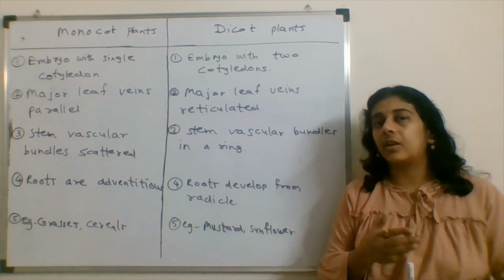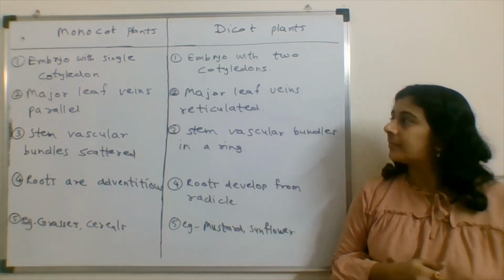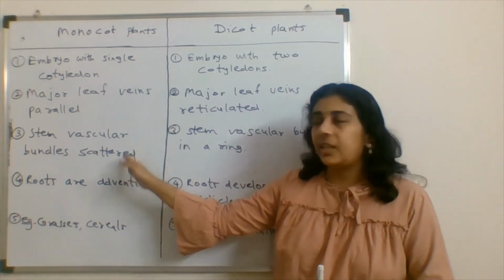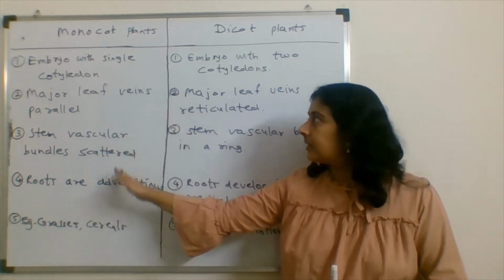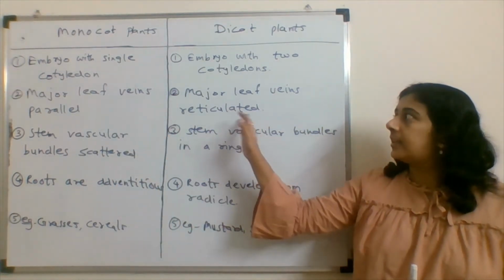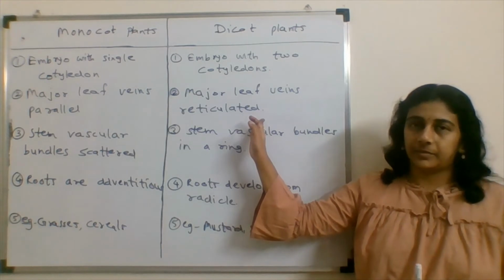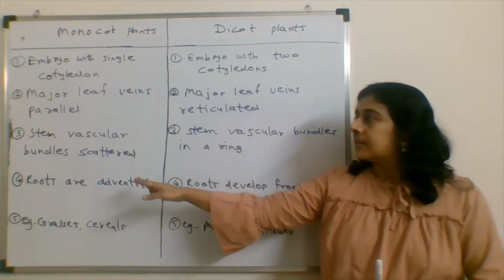The major leaf veins are parallel in monocots and reticulated in dicots.